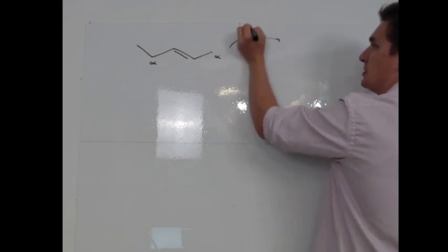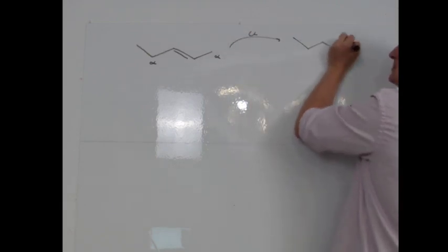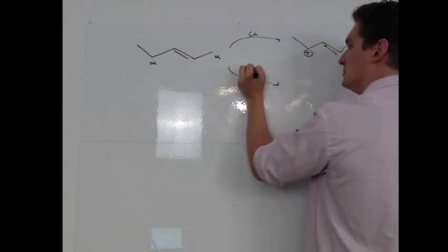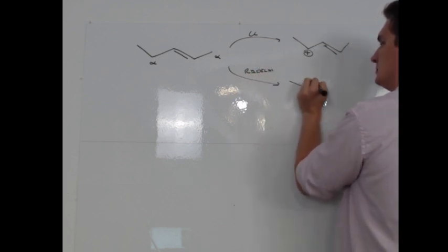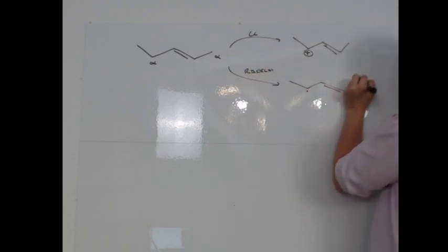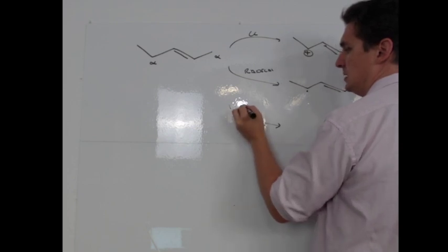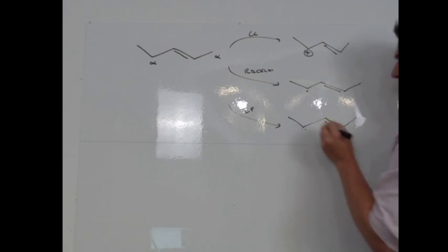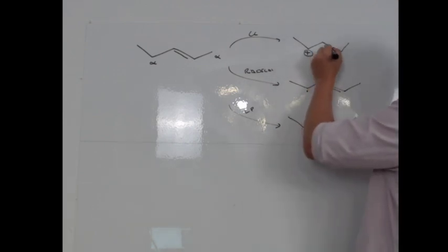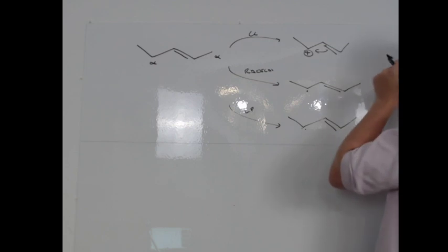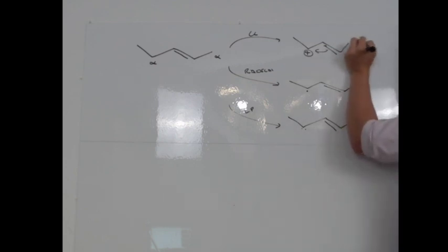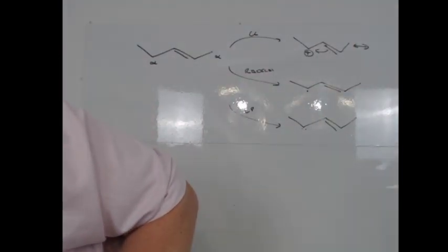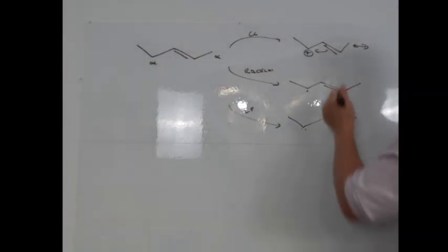So let's say we form a carbocation or radical. Or a lone pair. In all cases, we can get a resonance structure with these compounds. So we can create a resonance structure.